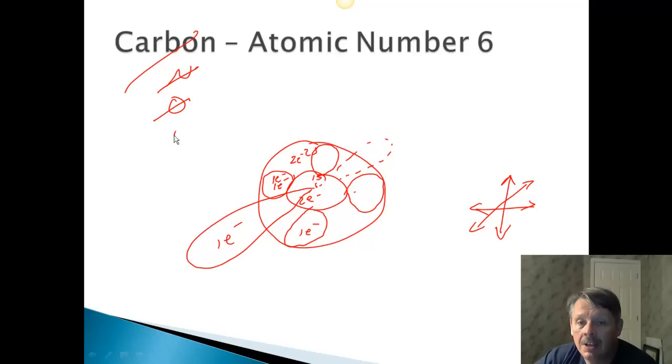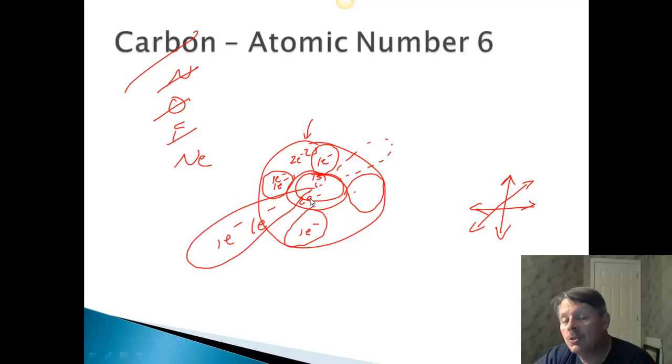And then if I were to go 1 more, which is fluorine, I could add 1 more electron to this guy. And then if I were to go 1 more to neon, I'd have 1 more electron in this guy. So by this time I've got 2 electrons here in the 1s, 2 electrons in the 2s, and then 2 in each of my 3 p orbitals for a total of 6 more, for a total of 10 electrons.